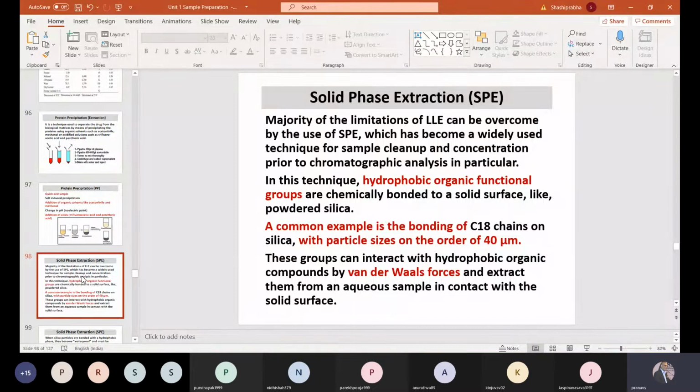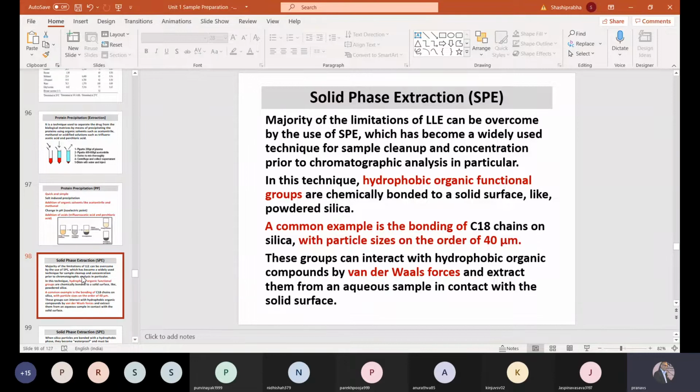So sample cleanup or extraction is a prime requirement for complex samples, complex matrices. The limitations which we found in LLE are largely overcome by the use of SPE, and it is used for sample cleanup and concentration.